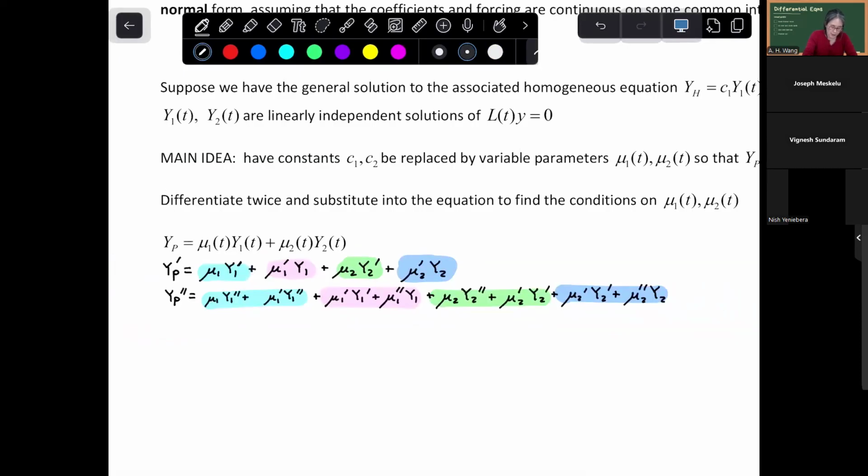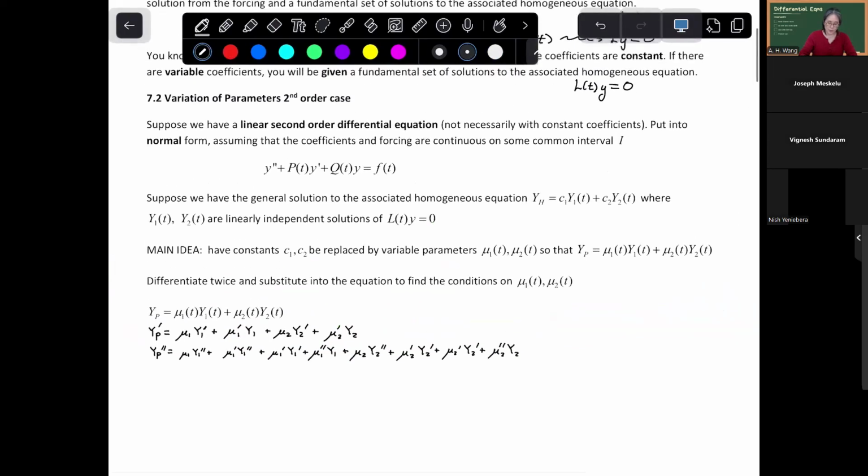And now what I'm going to do is just take out all that extra color, because there's a lot of color going on. I was just making sure that you could follow each step. And remember, this is a particular solution. Remember, this is normal form. And now we're going to plug it into this.